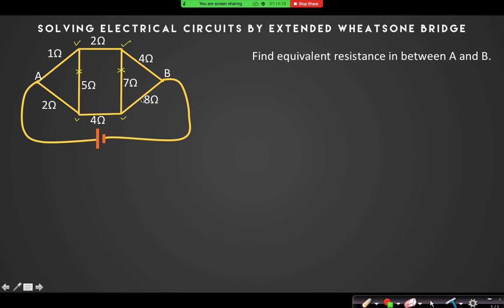Suppose this is 2 4 8, so you can break this 2 4 8 like this. Can I draw this circuit like this?